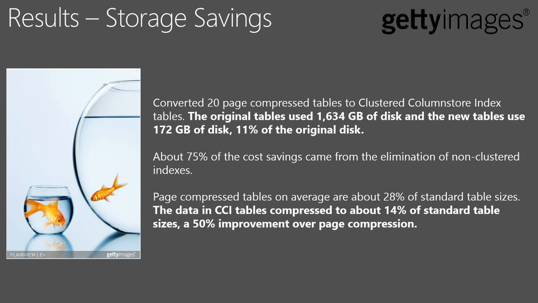So it turns out that our data on page was one set of disk, and then we had all of these non-clustered indexes. By going to clustered column store indexes, you eliminated all the non-clustered indexes, and the compression itself is higher on the tables themselves. So most of the savings came from elimination of non-clustered indexes. We found that in general, we saved about 50% of disk over page compression.